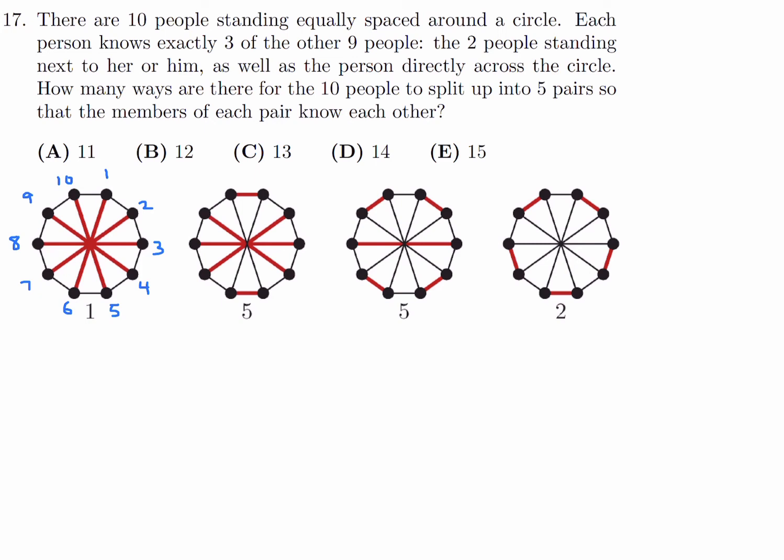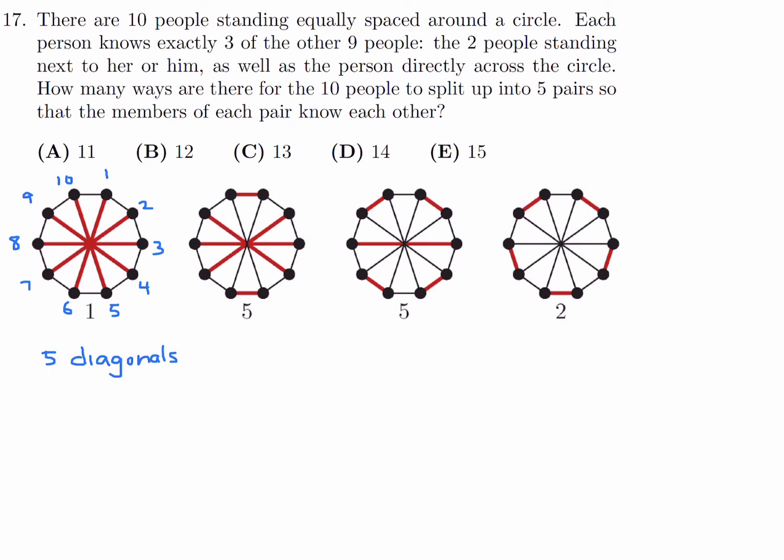Let's say we have this scenario right here, and we use all 5 of these diagonals. All those diagonals are used, and that means we're using 5 diagonals, where each diagonal represents a pair.